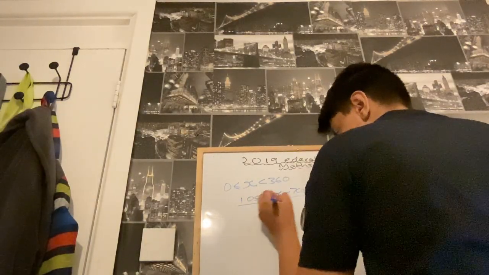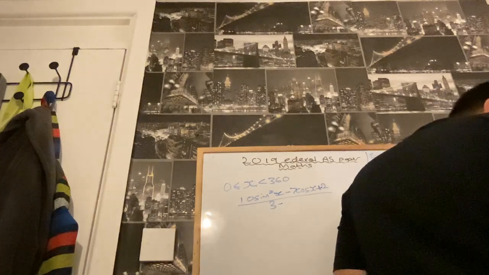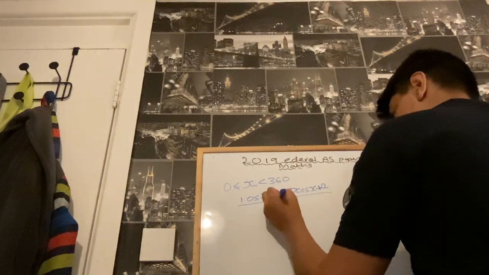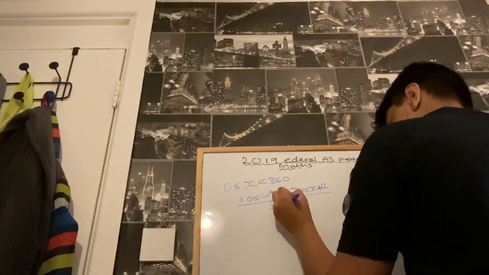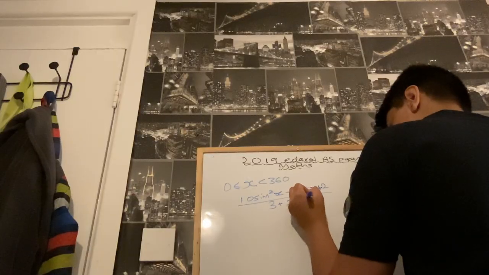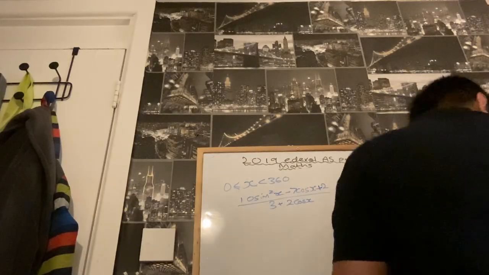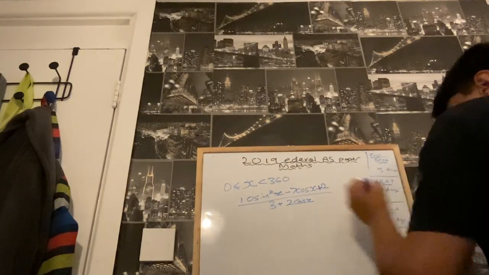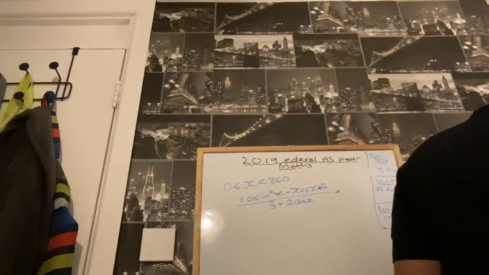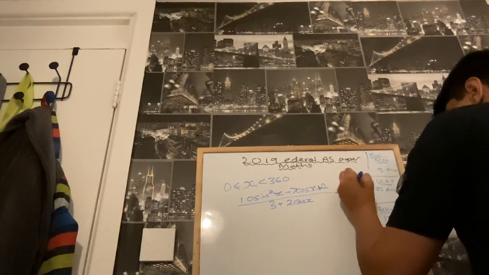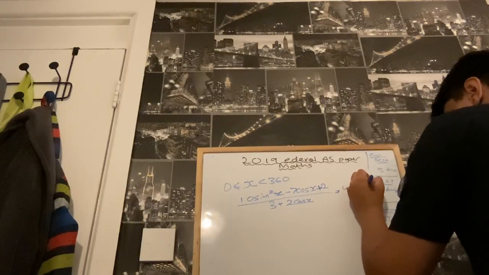All over 3 plus 2 cosine x equals 4 plus 3 sine x.